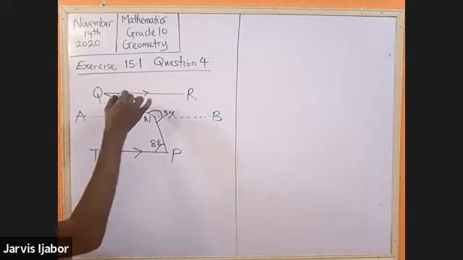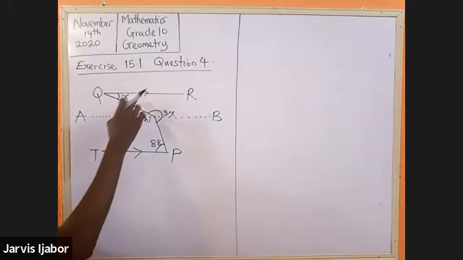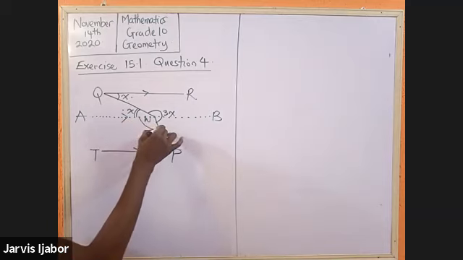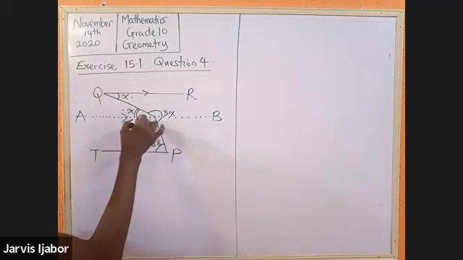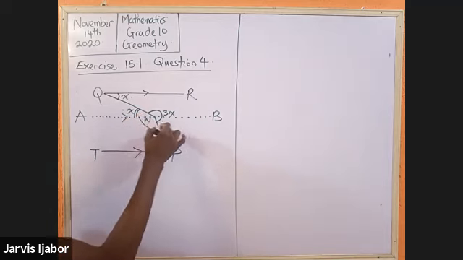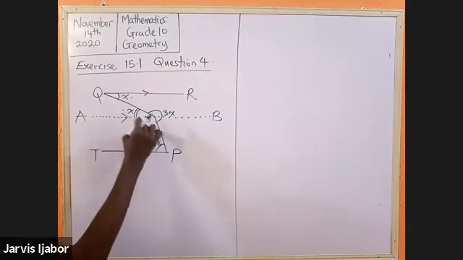Alternate angles. This angle is alternating this angle. This angle is alternating this angle. That's what you're going to notice. And if you look at this diagram very well, you discover that you can now actually find this angle. Are we together? You can find what this angle will be.